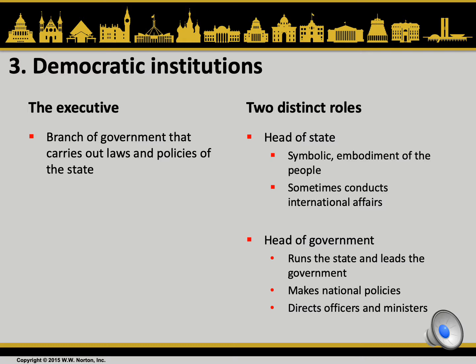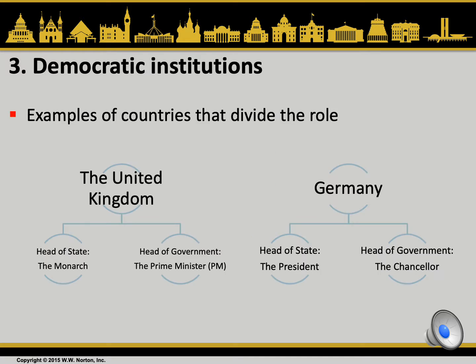The head of government runs the state and leads the government, makes policies, and directs the officers and ministers within the administration itself. So in a comparison, you could look at how those roles within the executive branch institution are carried out. This chart shows two examples where the roles are distinct and carried out by two different individuals. One is head of state, the other the head of government.